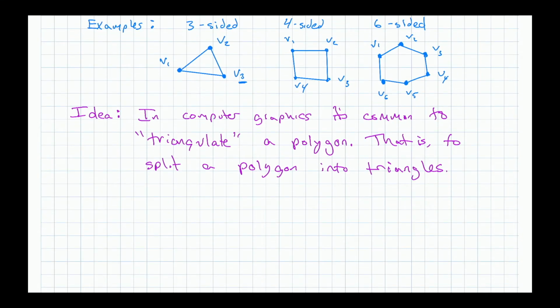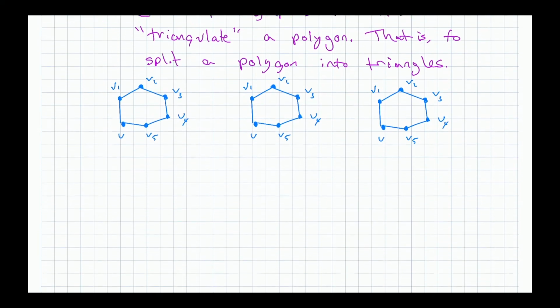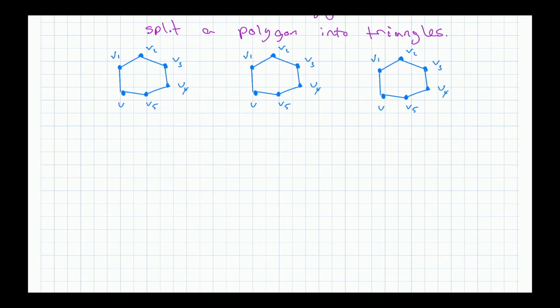So like if I take, let me just copy and paste this. Duplicate. So like if I take this, I'm going to duplicate it again. And we'll duplicate it one more time. All right. So here are 3 polygons. And if you wanted to, you could split these into triangles a lot of different ways.